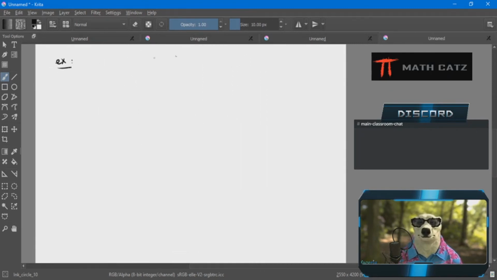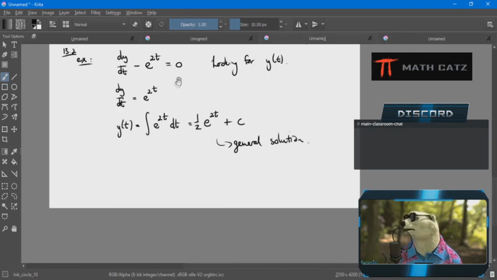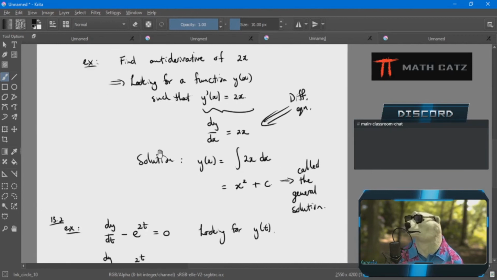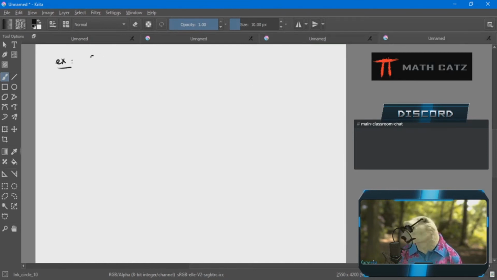So my first example was this one. We had dy/dx equals 2x, our simple first example, and we had general solution y equals x squared plus c.